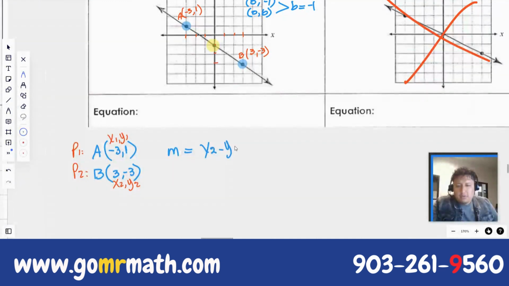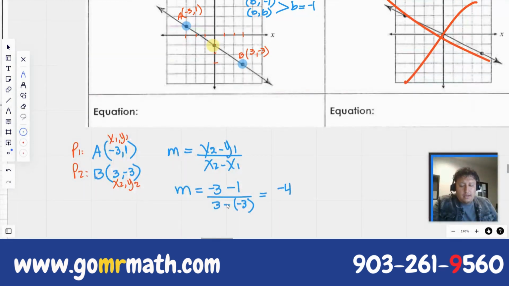y2 minus y1 over x2 minus x1. Let's replace. y2 is -3, minus 1, over x2, that is 3, minus this x1, which is -3. So we'll have -3 minus 1, that is -4, and negative times negative is positive, so we have 3 plus 3, that'll be 6.